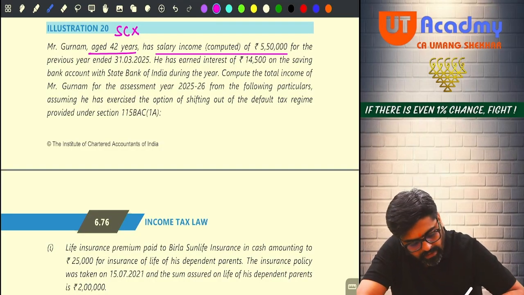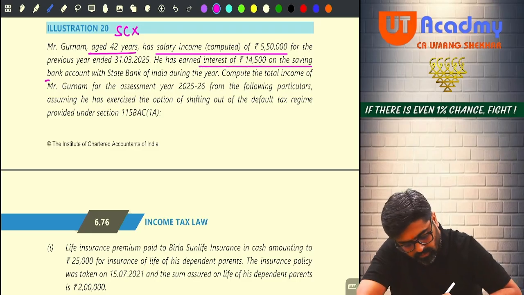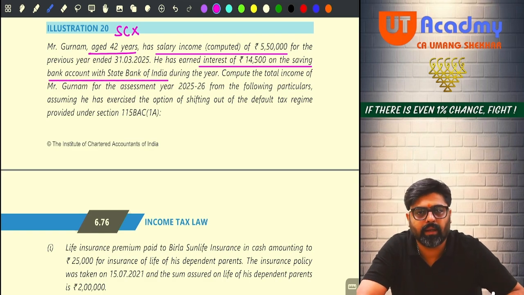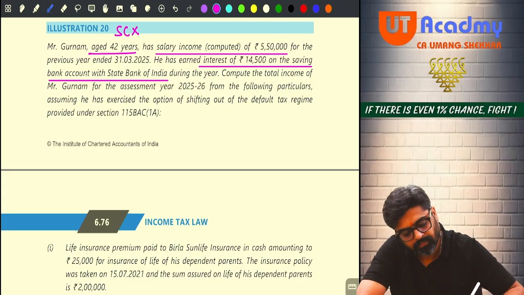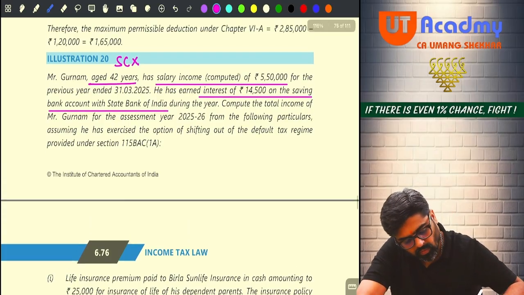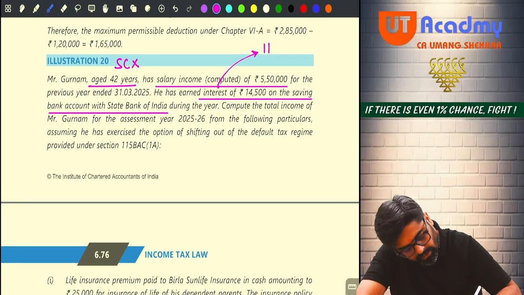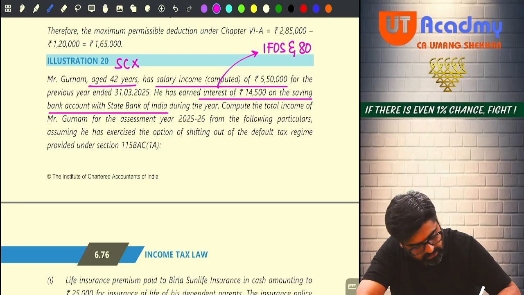Now, he has earned interest of 14,500 on the savings bank account with SBI. With any banking company, if you are having a savings deposit account, whatever interest is coming on it will be your income from other sources, taxable. And additionally, you can take the deduction under section 80TTA.